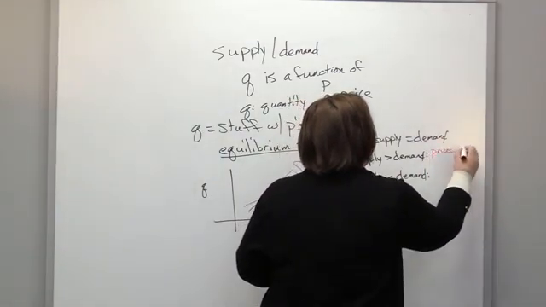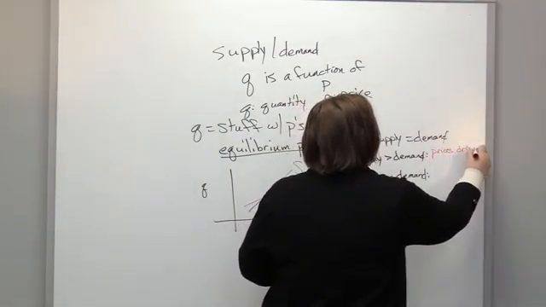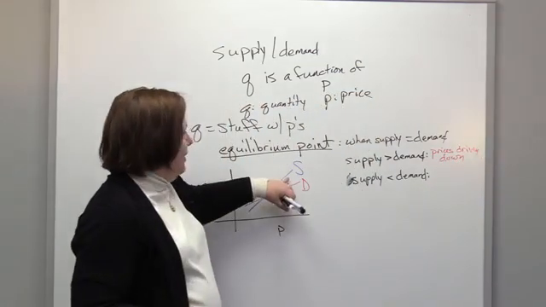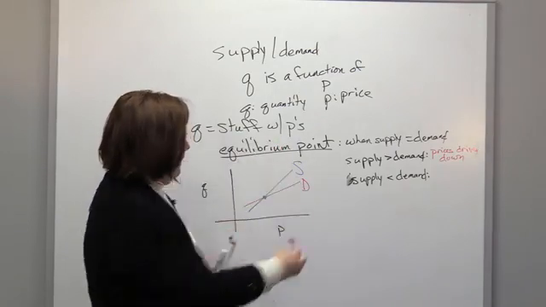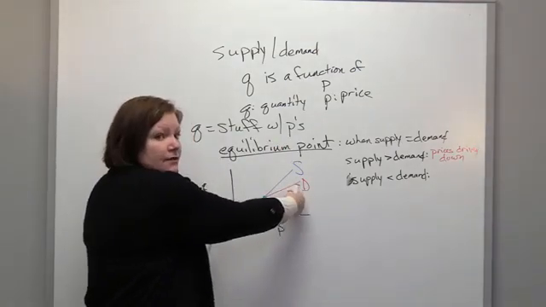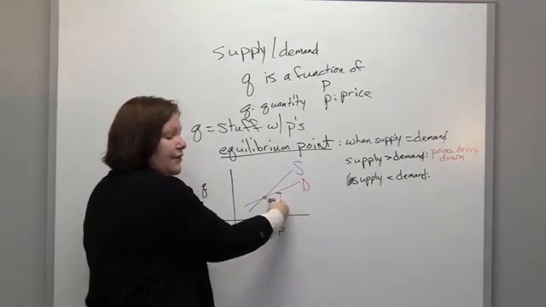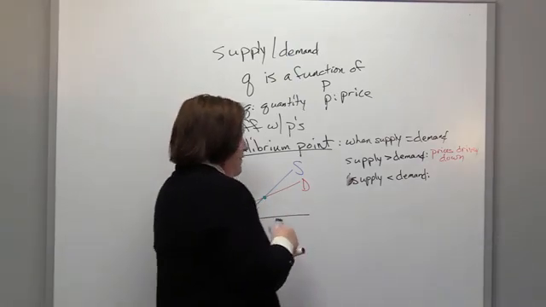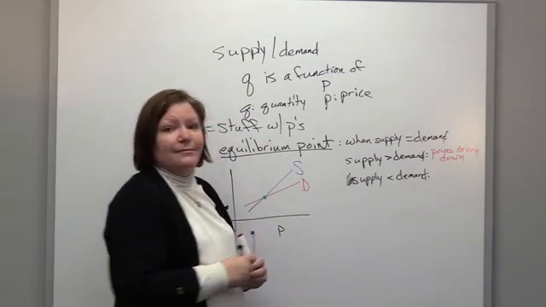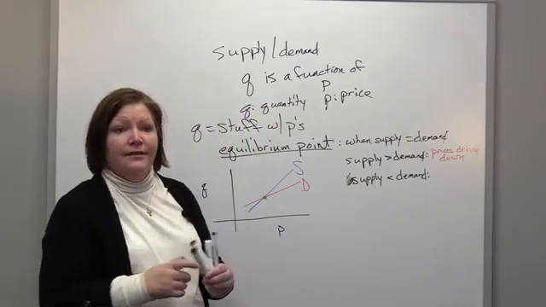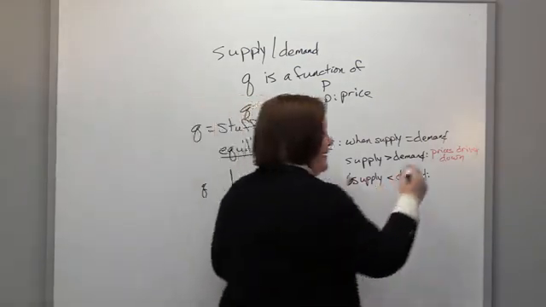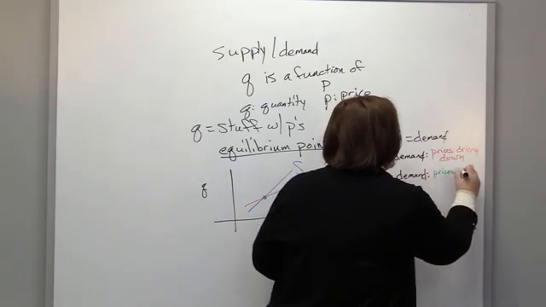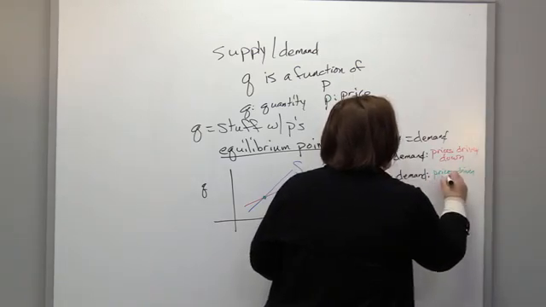prices driven down. When supply is bigger than demand, the price is going to be driven down, you're going to be getting closer to the equilibrium point. Supply is less than demand, everyone wants it, you can start demanding a higher price, so prices might be driven up.